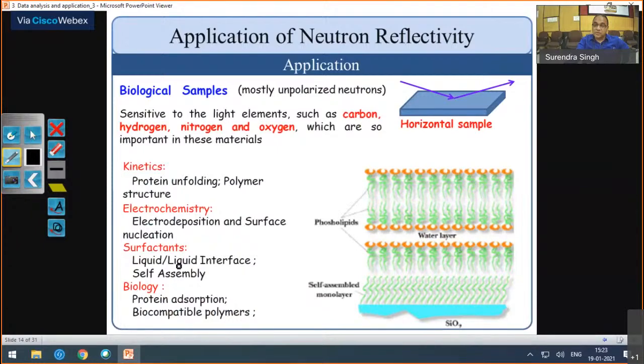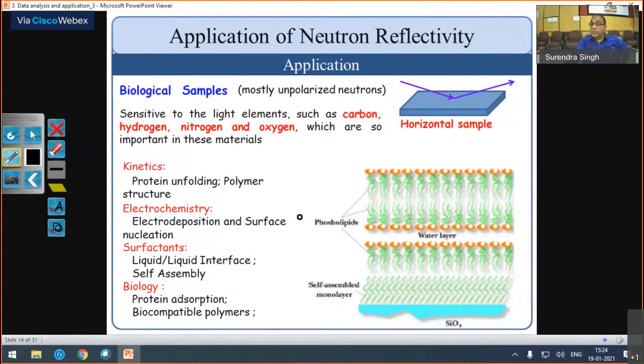Why only one monolayer? Why this kind of structure? It comes from hydrophobic and hydrophilic parts. So if you want to know the depth dependent structure of this biological sample, you have to do reflectivity. X-ray won't give you contrast for carbon, nitrogen, hydrogen.